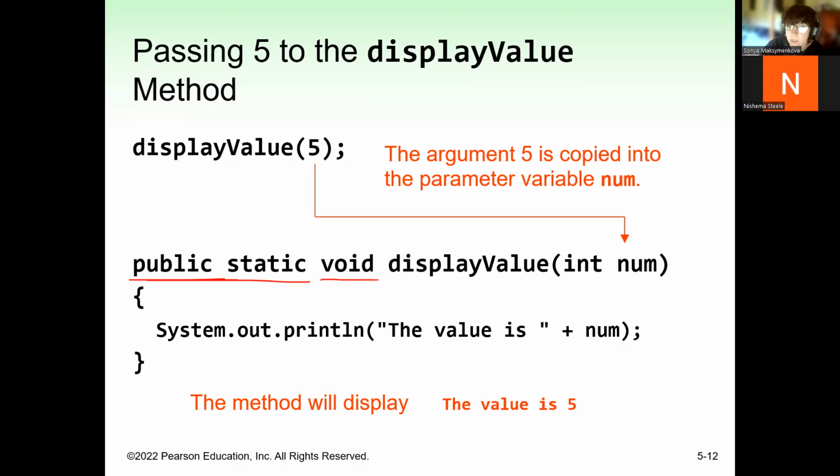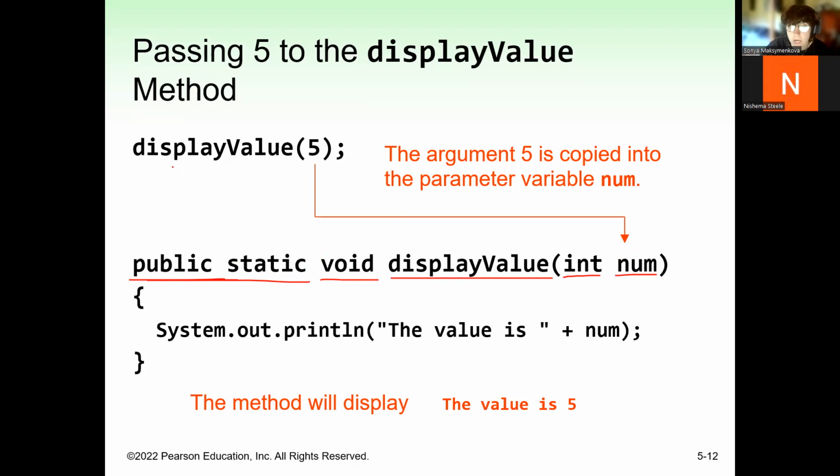Void is going to mean that we are not returning anything with this method, no value is being returned. Then this is our name, display value. And here we're specifying that this method is going to take a parameter that is a variable num that is an integer. So this is all there is inside of the parentheses.